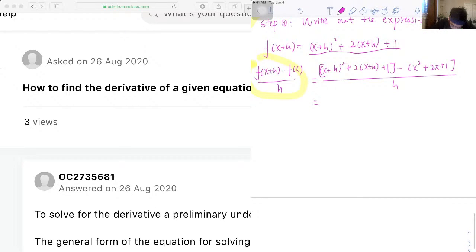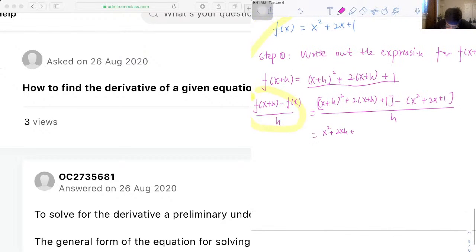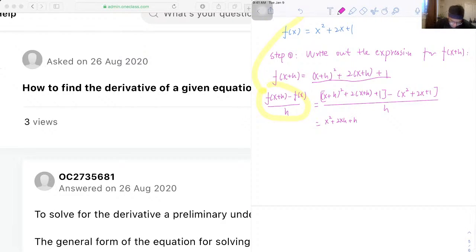First let's get rid of the bracket. So (x plus h) squared is just equal to x squared plus 2xh plus h squared, plus 2x plus 2h plus 1. That's what we have from the first bracket. And minus x squared minus 2x minus 1 over h.